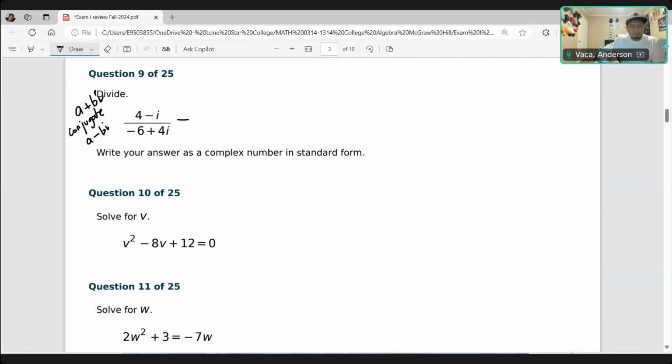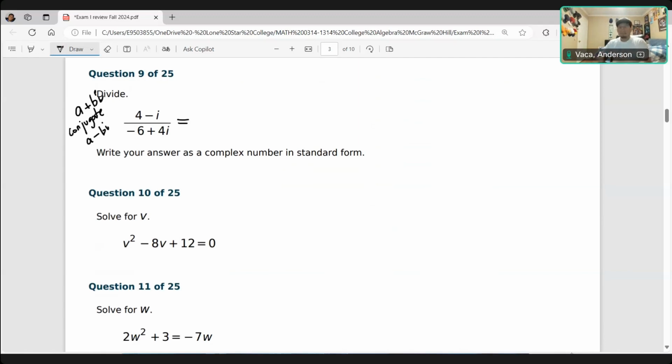Because somewhere along the lines in the history of mathematics, a consensus was made that fractions where the denominator is a complex number weren't acceptable. So we don't usually write fractions that have denominators as complex numbers.